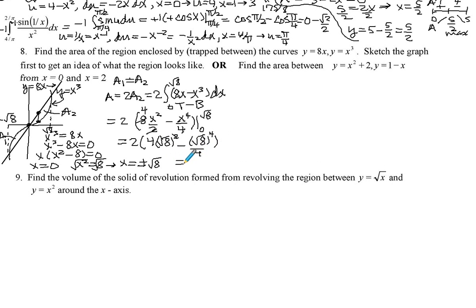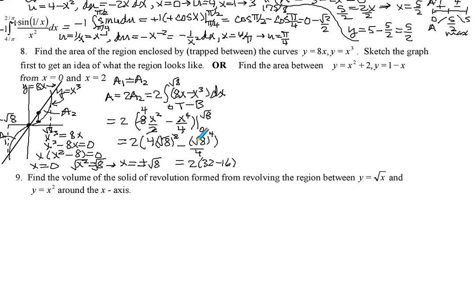So we've got that 2 out in front. This is 4 times 8, 32, minus root 8 to the 4th power. Well, root 8 times root 8 is 8. That would be 2 of the root 8s, and another 2 root 8s is going to be another 8. So this is 64, and divide by 4 is going to leave 16.